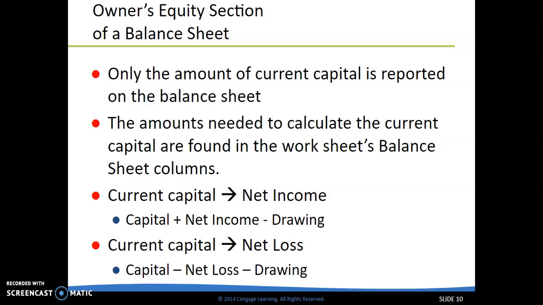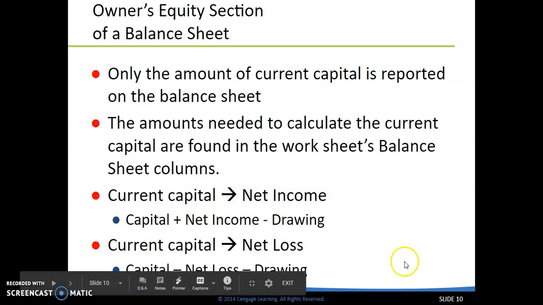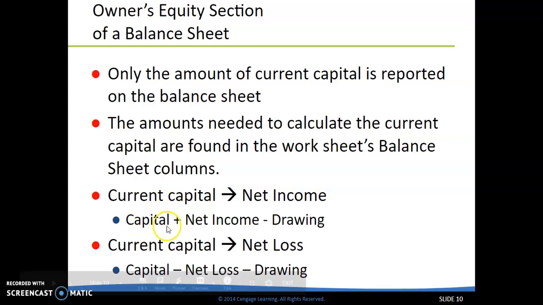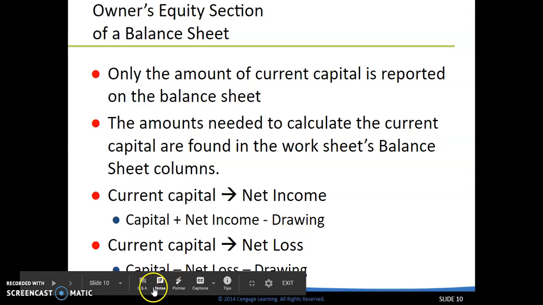And so in order to calculate current capital, you need to do those formulas that I just explained to you. So if you do the statement of owner's equity, the current capital is determined there. But if you're not doing that prior, you need to do the formula. So if there's a net income, you do capital plus net income minus drawing.